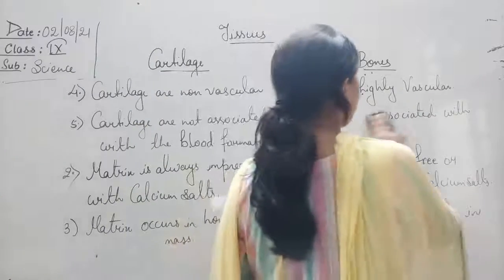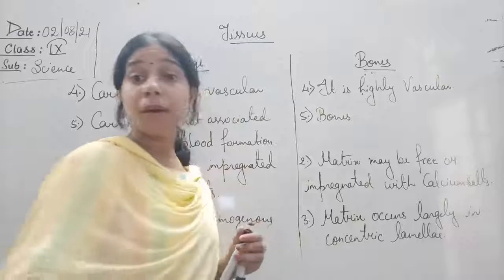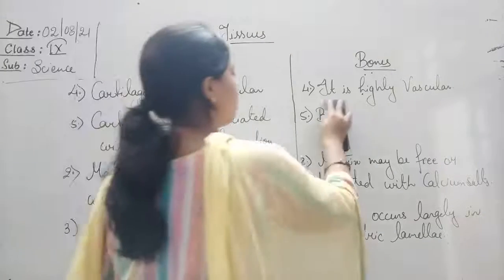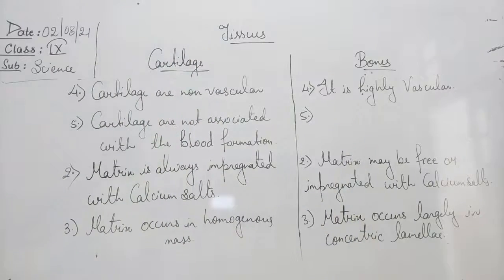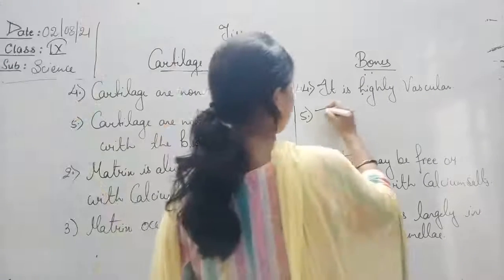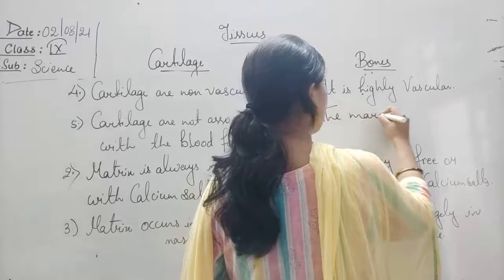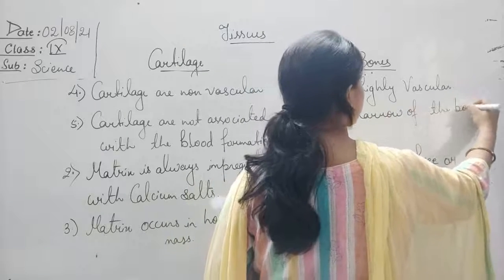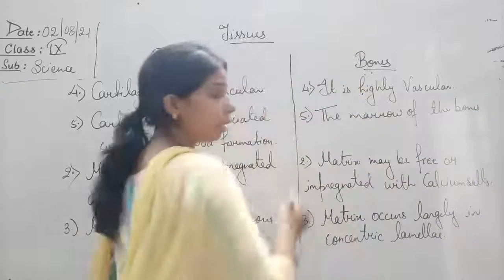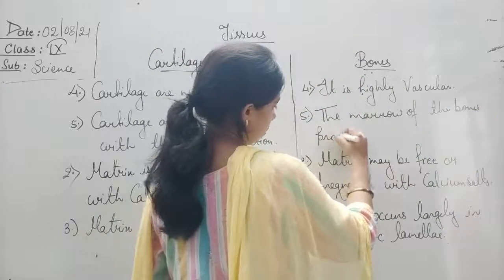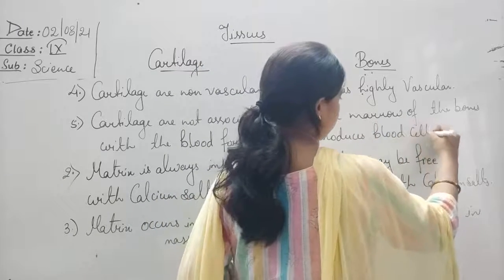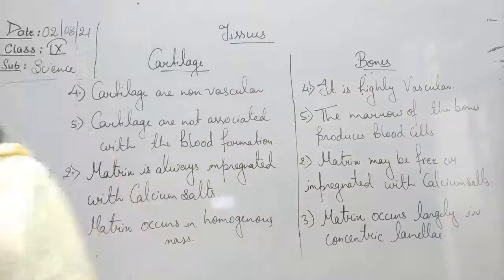It is the bone marrow where the formation of the blood cells occurs. So the marrow of the bones produces blood cells.